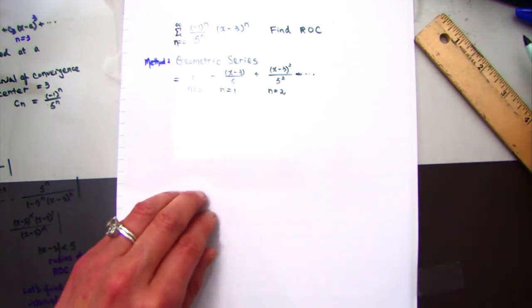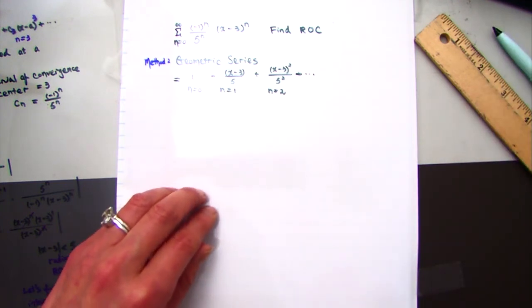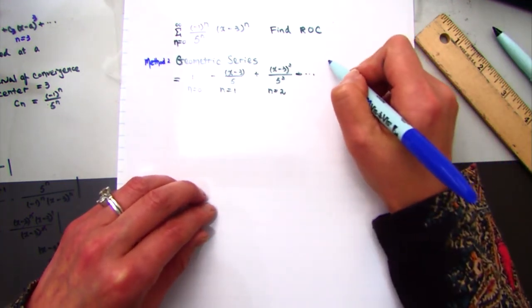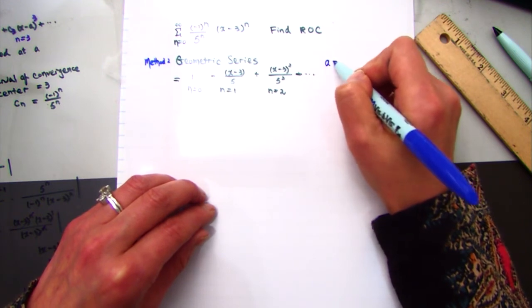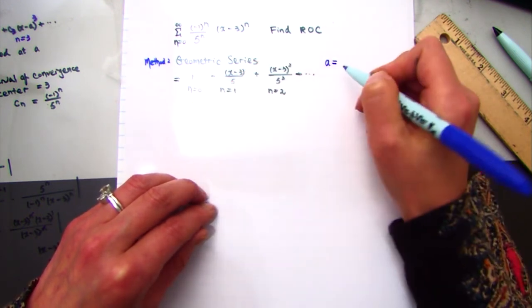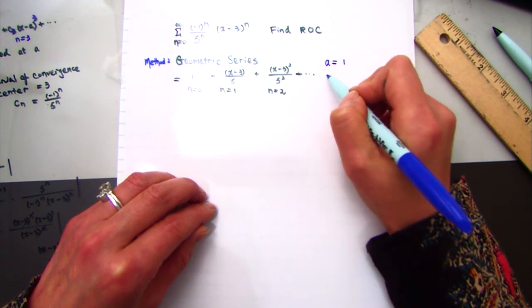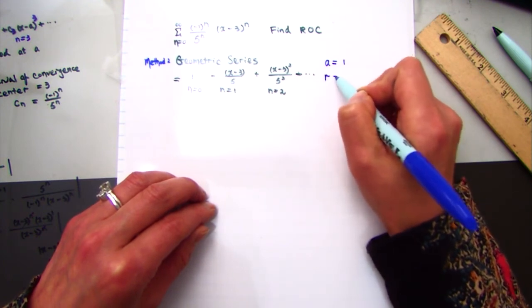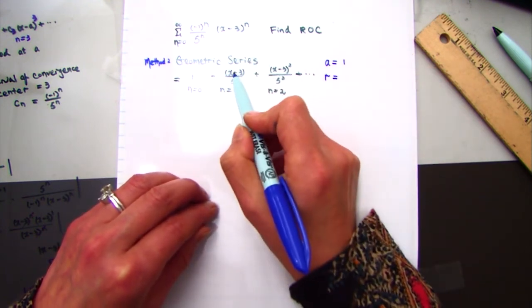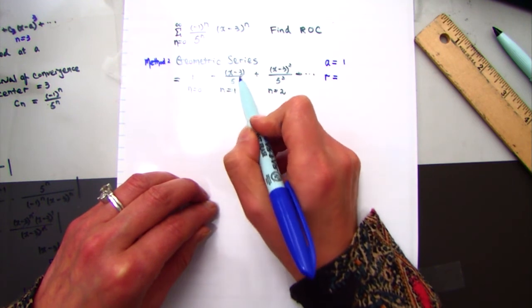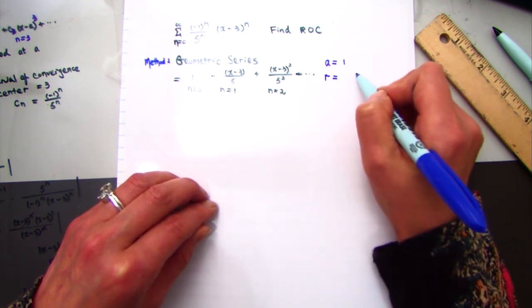Okay. All right. So now let's think about geometric series. Leading term is what? 1. And ratio. Okay. And obviously it's going to be x minus 3 over 5. Positive or negative?